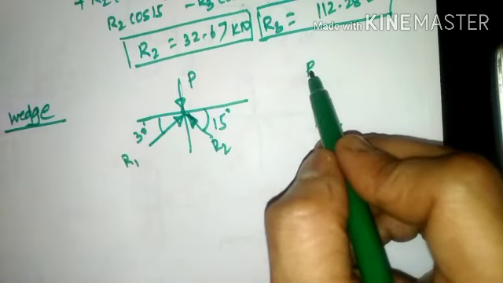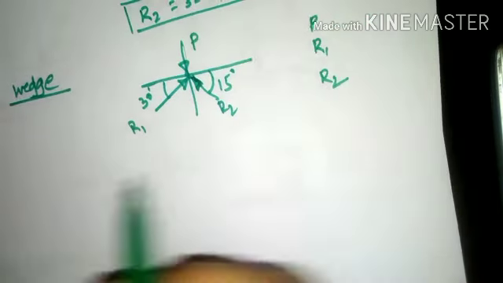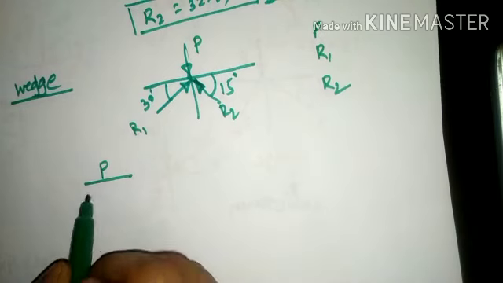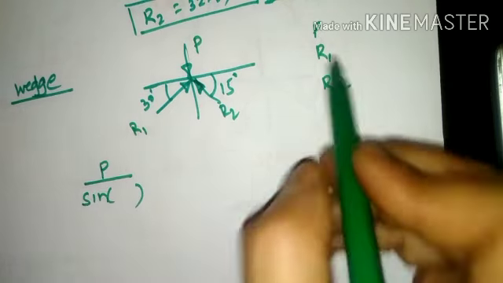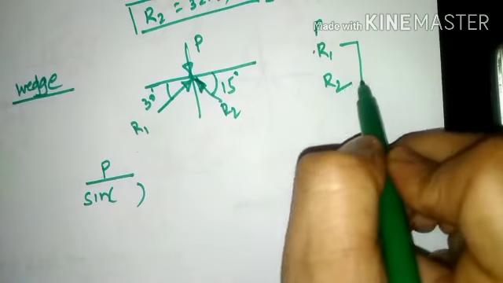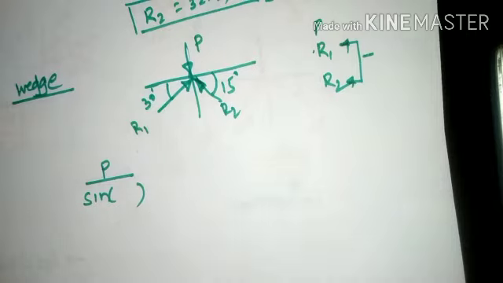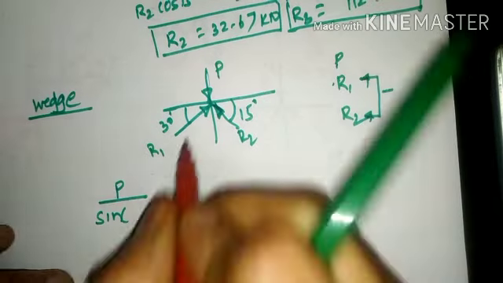Whichever force I am going to consider, divide by the sine of the inclination between the other two forces. If I consider force P, I need to consider the inclination between R1 and R2.